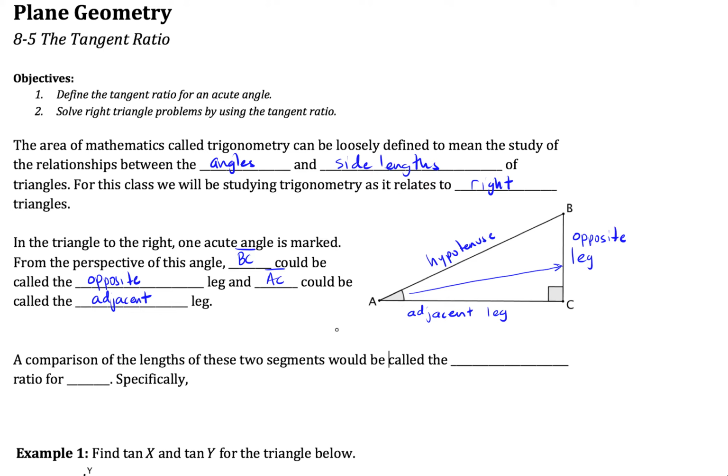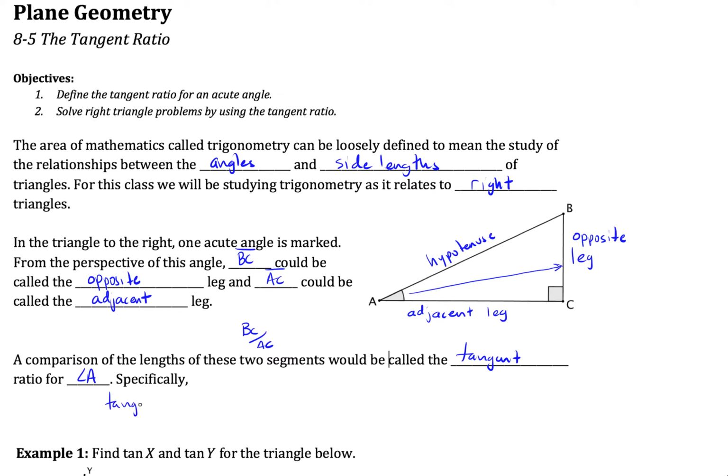If we compared the lengths of those two segments, BC and AC, and made a ratio out of them, in other words, the length of BC over the length of AC, that ratio would be called the tangent ratio for angle A. Specifically, we can define the tangent ratio for angle A this way.